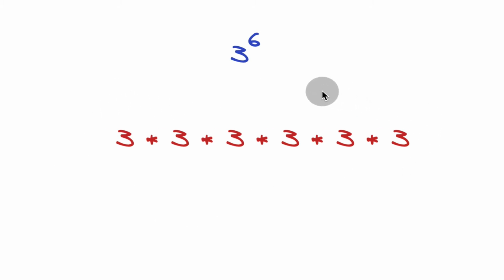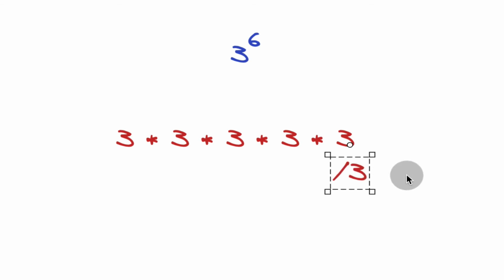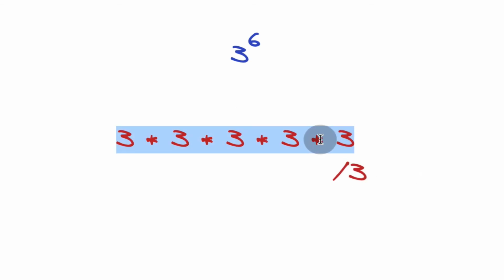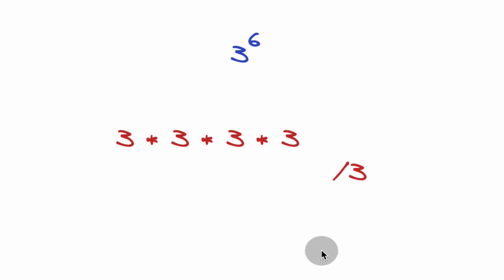If we have 729, we can take 729 and divide it once, thus getting rid of one of these 3's. And then we would have 3 to the 5th power. But if we divide again, we can then remove the 5th 3.